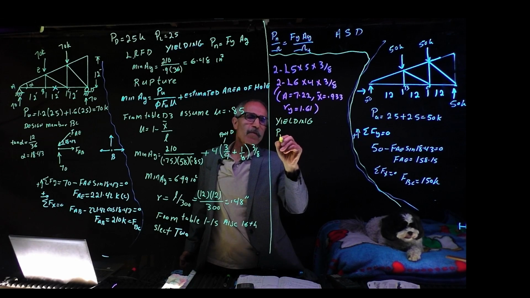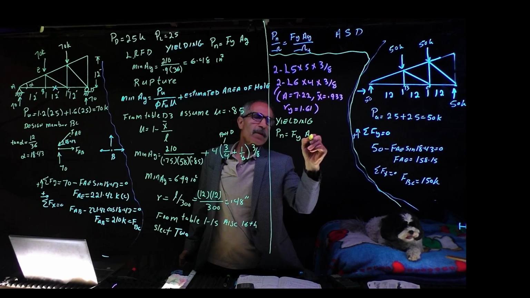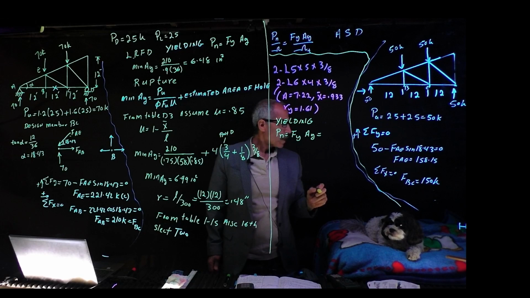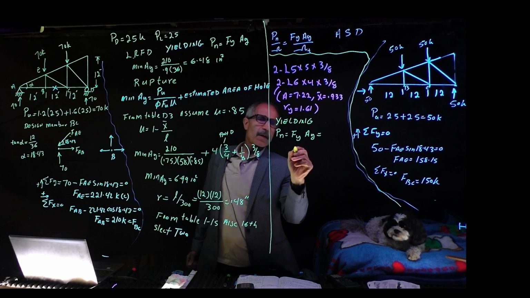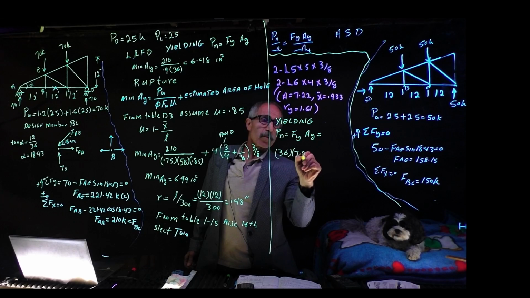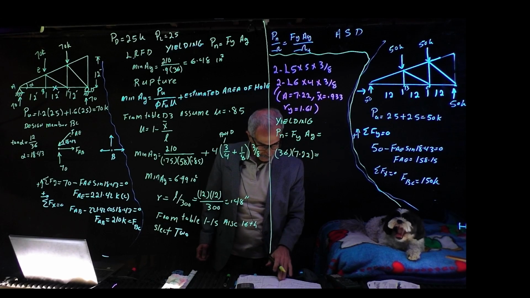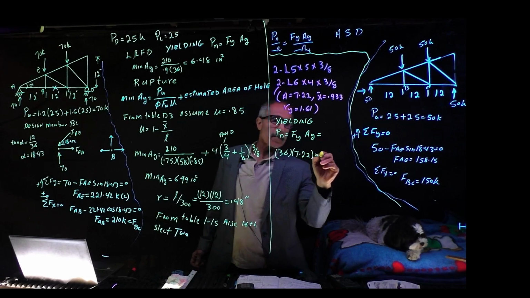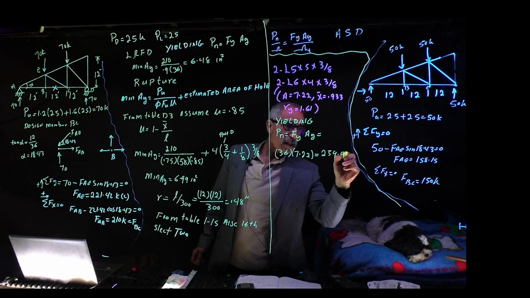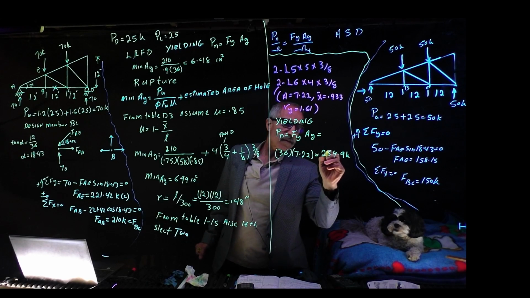For yielding, we have Pn equal Fy times Ag. In this case, we have 36 ksi times 7.22, and that is 259.9 kips.